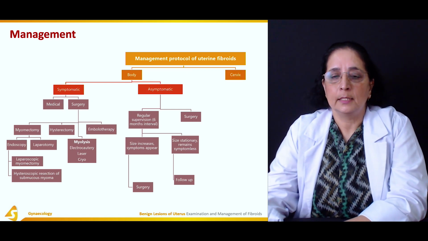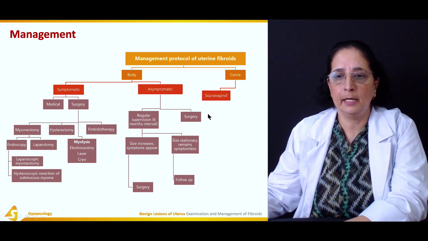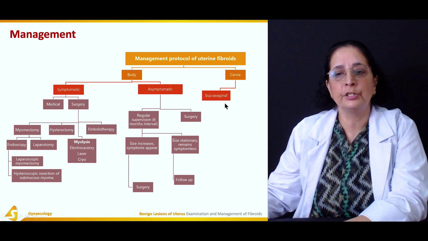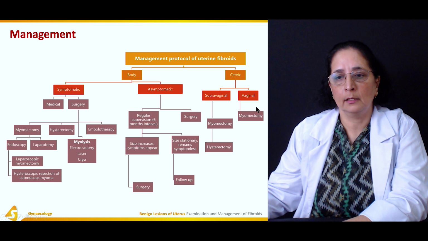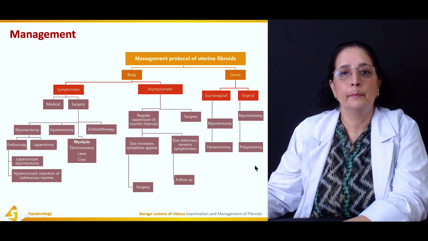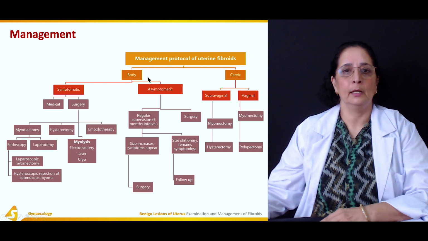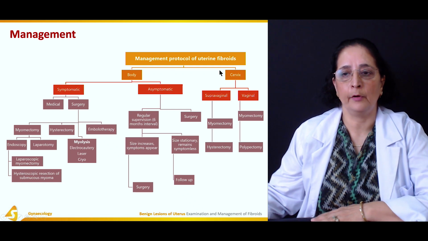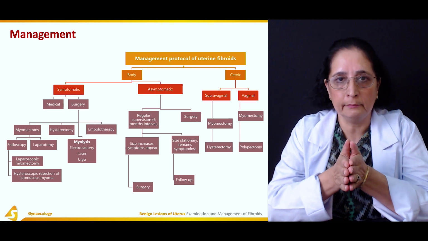Now, if there is the fibroid present in the cervix, then again, if they are supravaginal, then we do myomectomy, hysterectomy. If they are in the vagina, then we do myomectomy and polypectomy. So again, body, corporeal fibroids, cervical fibroids, depending on if they are above the vagina or in the vagina.